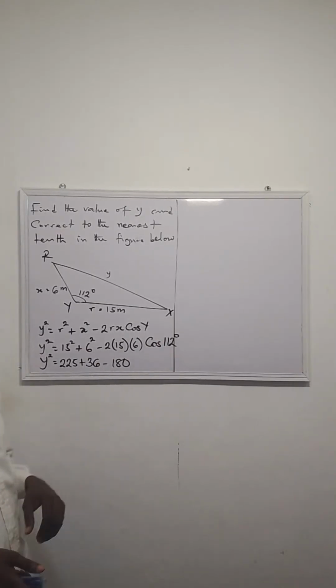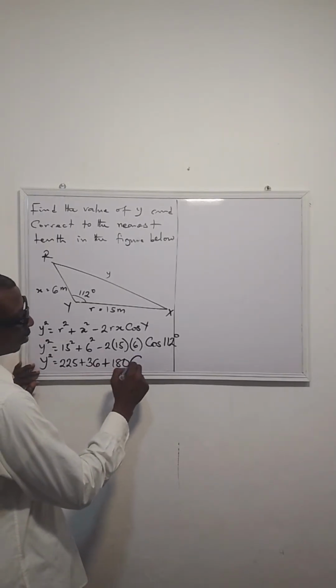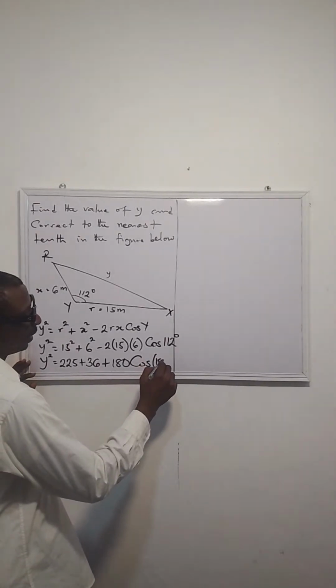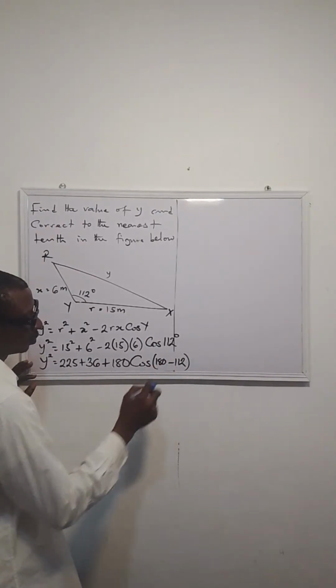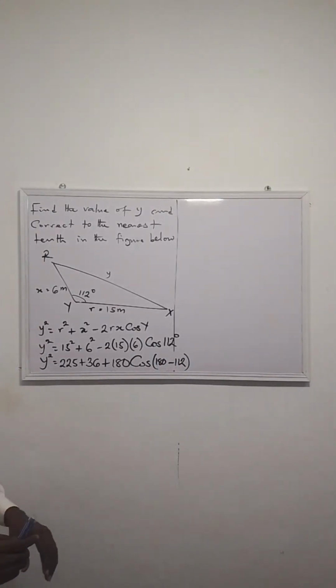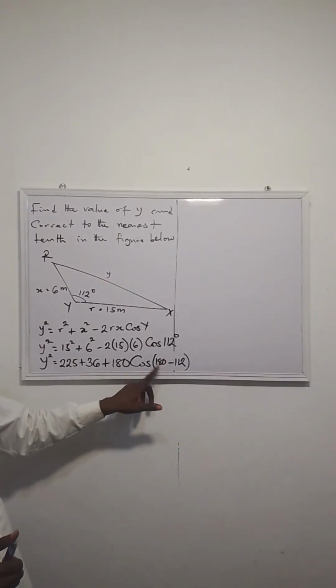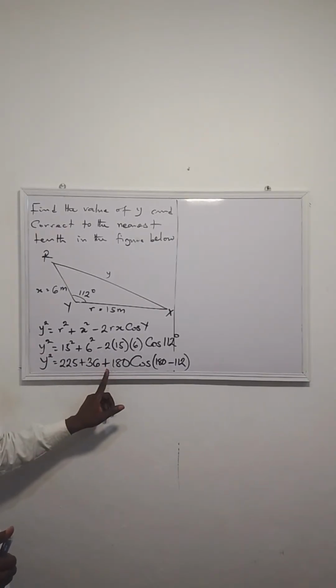So see what I'm going to do now. This turns to plus, and I have cos of 180 minus 112. This is what they're supposed to write. You can see what changed now. Once you subtract this from 180, the sign here, which is negative, changed to plus.